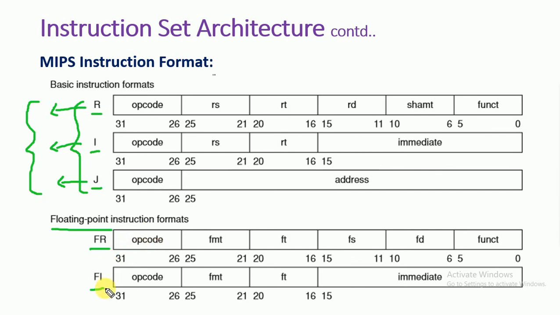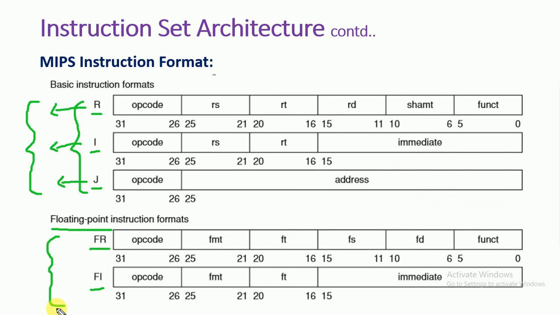Then the FI instruction for immediate instructions is almost the same: opcode in the last 5 bits, 21 to 25 the format specifier, 16 to 20 one register, then the remaining 0 to 15 is used for the immediate value to be added with it, and the result will be stored accordingly. So these are floating point.